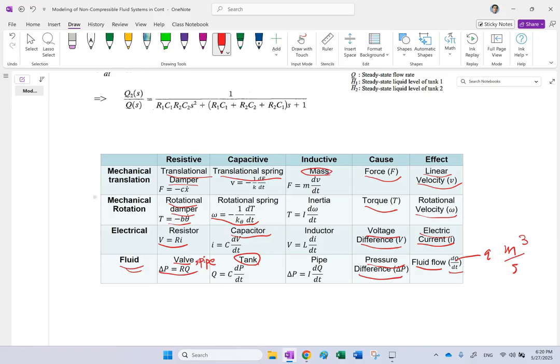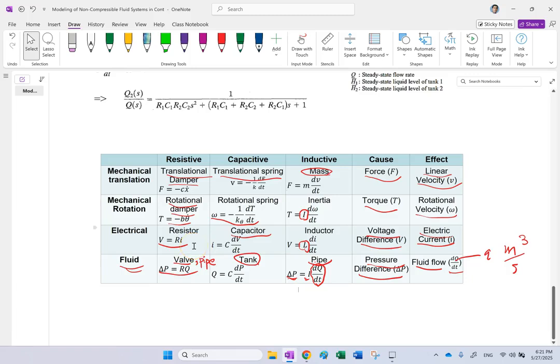In rotary systems, that is the mass moment of inertia. In an electrical system, that's the inductor, which doesn't like you to change the current. And in a fluid system, it's a pipe, where it does resist you changing the flow rate by creating an opposing pressure difference. And here you can define inductance for a pipe.